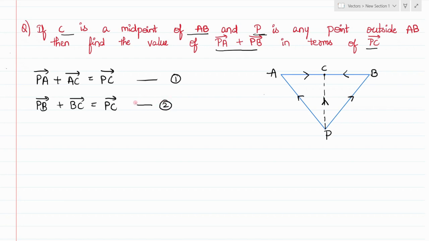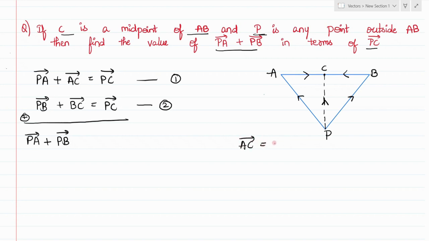So we need to add these two equations. To add these equations, it becomes PA plus PB. If you observe one thing over here, this AC and BC, as C is the midpoint, their lengths will be equal, but they are in opposite directions.